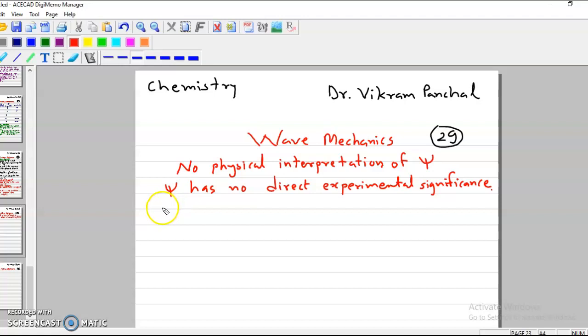For a quantum mechanical particle, the uncertainty relation prohibits determination of the position and velocity accurately.